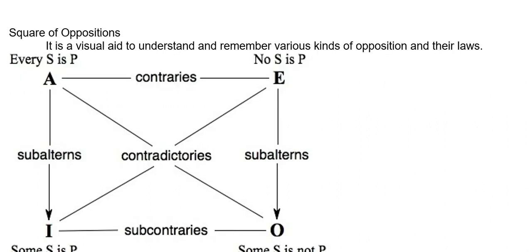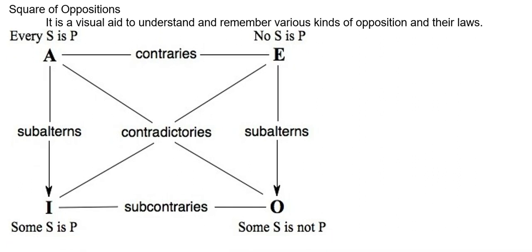May we have the square of oppositions. This square of oppositions is a visual aid. It is a representation to understand better and remember better the various kinds of oppositions and their different laws. Here we have the A proposition, every S is P, and its relationship with E, which is contrary, no S is P. A and O are contradictory.